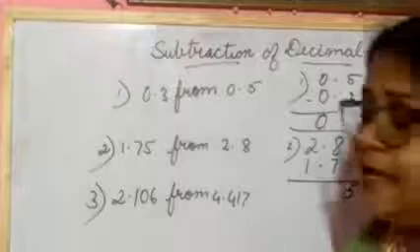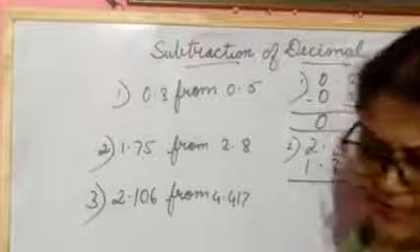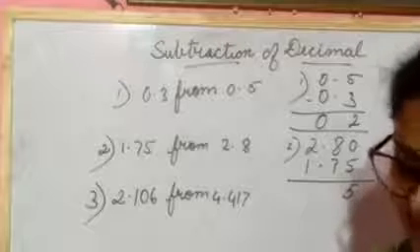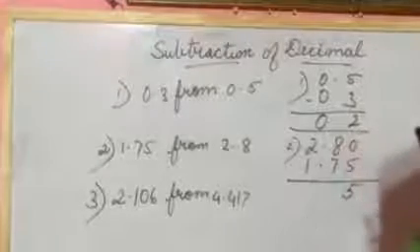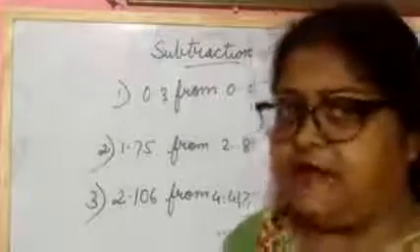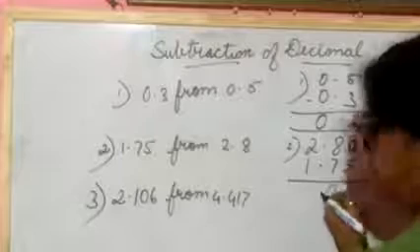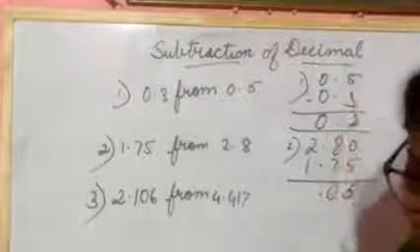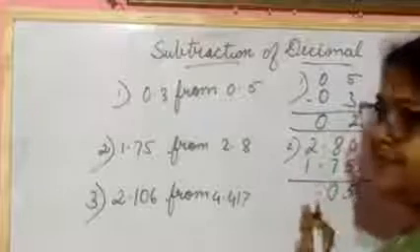After that, which place you will touch? Tenths place. In the tenths place, what is given there? 7. Because 1 you have carried, 7 is left. 7 minus 7, what you will write here? 0. Then after that you will put your decimal.